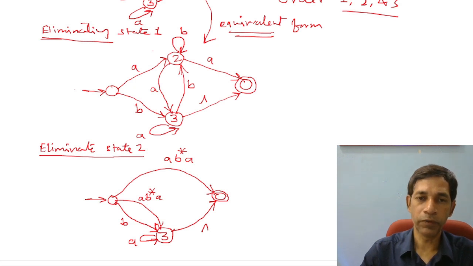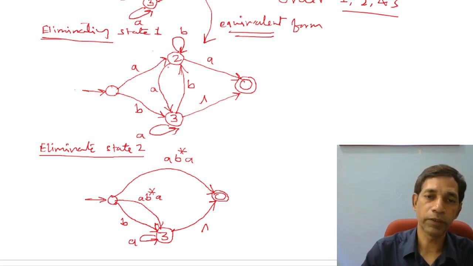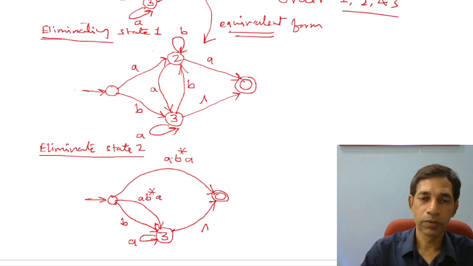Now in the state 2 we also have the incoming edge from the state 3. So once you are going to the state 2 from the 3, we have the B, and you have the Kleene star at the state 2 because you have the loop at the state 2 for B, and then you are going to the final state. So from state 3 you are going to the final state.